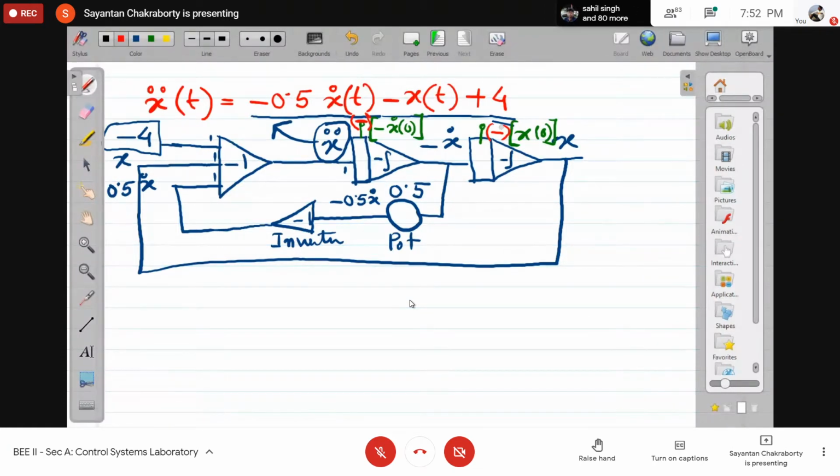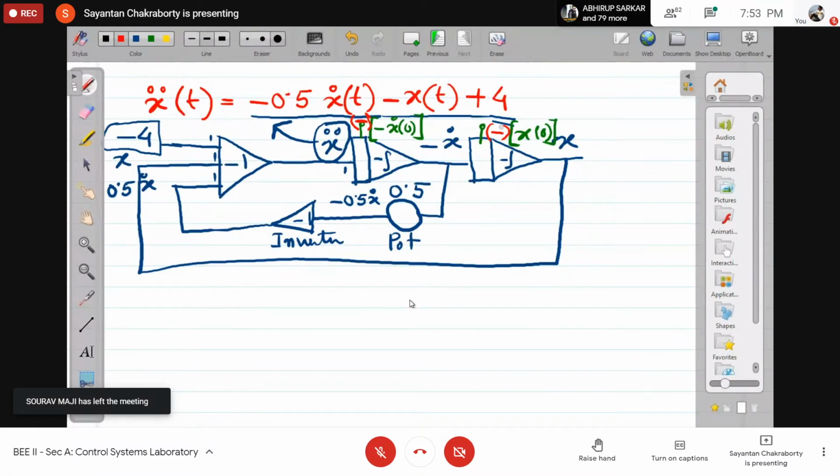Now, all the inverters, summers, and integrators that are available are normally inverting type. The conventional integrator that you have studied is also inverting type. So that's why it's much more common. The setup that you're using in your laboratory is also built up based on these inverting type components.